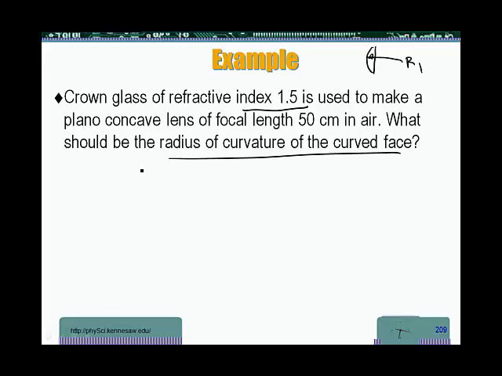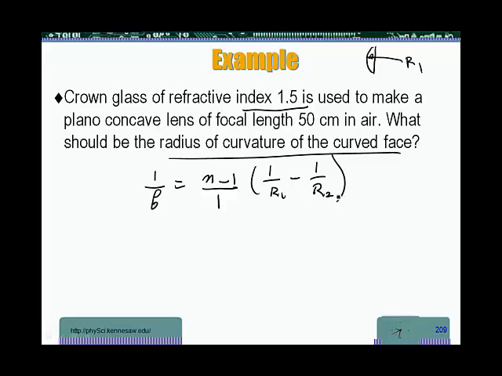Okay, again, the focal length equation using the lens maker equation is going to be n of the glass minus n of the air, which is 1 in this case, over n of the air, which is 1, times 1 over R1 minus 1 over R2.